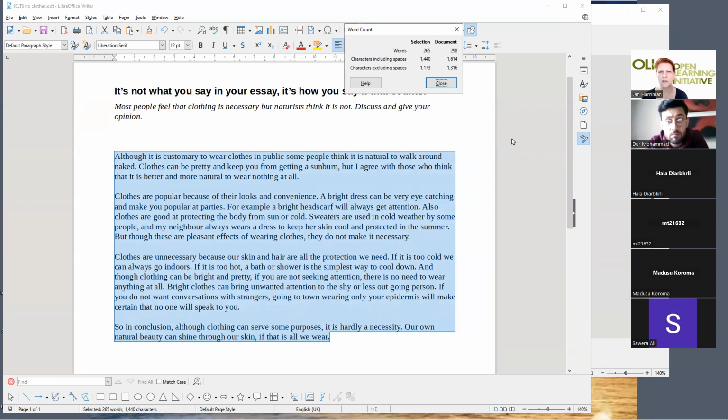In the selection, 265 words. So well over our 250 minimum. So it is a full essay. I discuss both sides, I give opinion, I use complex and compound sentences, I use examples to support my opinions.